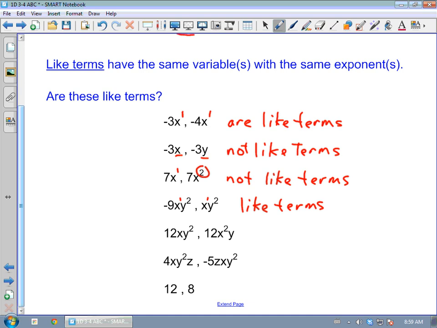Who wants to give this one a try here? All right, go ahead, Stephanie. Right. Okay. They have the same variables, x, y, and xy, but here the x is to the power of 1. Here, the x is to the power of 2. So that 2 is kind of on the wrong exponent for them to be like terms. So this one here would have to be x squared y, or this one over here would have to be xy squared. Okay.